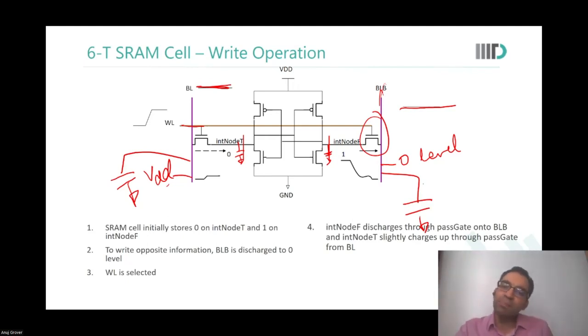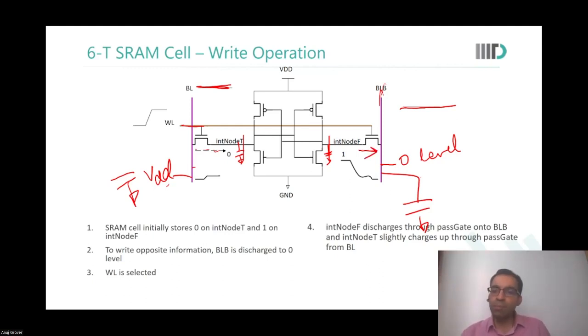Over here, since the big capacitor is at 0, this NMOS has to transfer 0 to the internal node. Over here, since the big capacitor is at VDD or 1, this NMOS is expected to transfer a 1 to the internal node. Now the challenge is that NMOSs do not transfer 1 very well. So the current that is flowing over here is lesser than the current that can flow out of here.